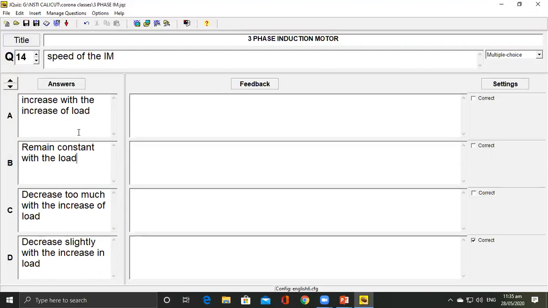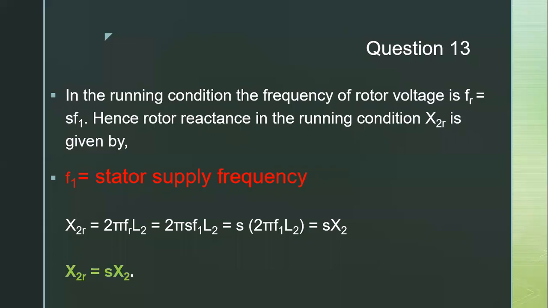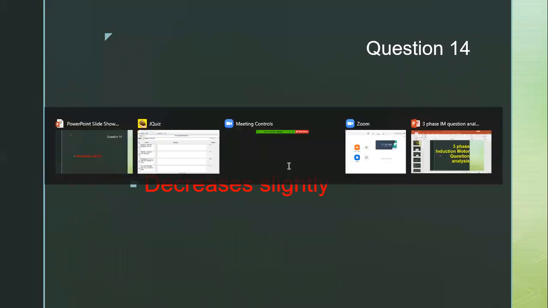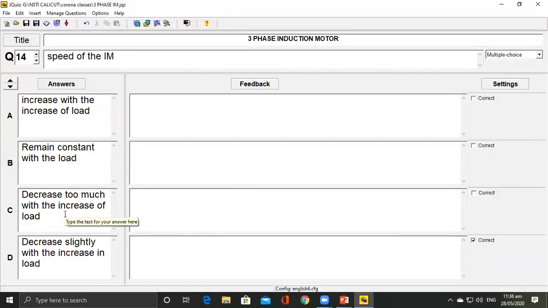Normally when we need a constant speed motor, we use the DC shunt motor. When going to AC motors, we normally use induction motors, but the induction motor speed decreases slightly. When the load is increasing, the speed decreases very slightly in practical conditions.